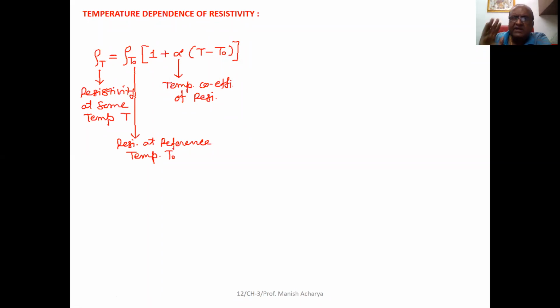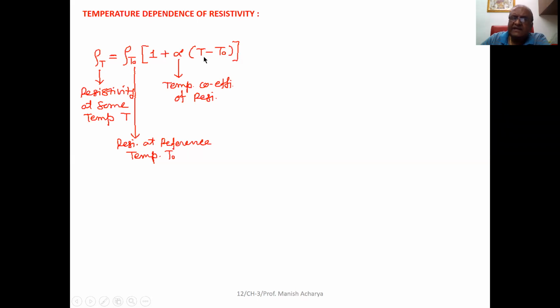That will be given to you because it is different for different materials, and in the textbook a table of alpha for different materials is given to you. So one can calculate the resistivity at a particular temperature T using this equation.